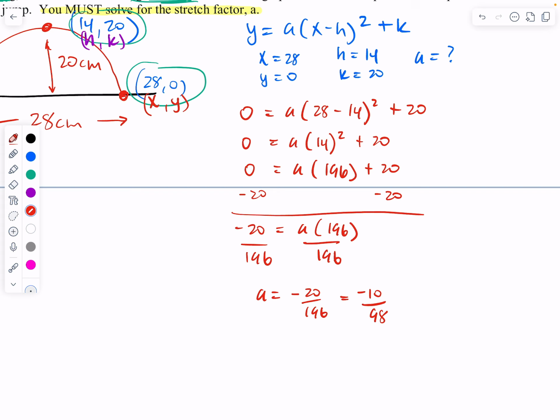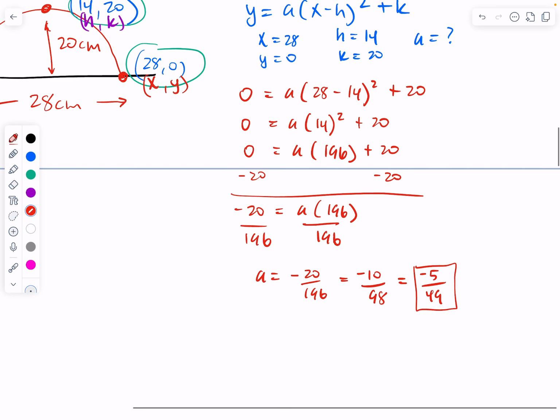Sorry, I could have divided them both in half again, so negative 5 over 49. Okay, negative 5 over 49 is my stretch factor.